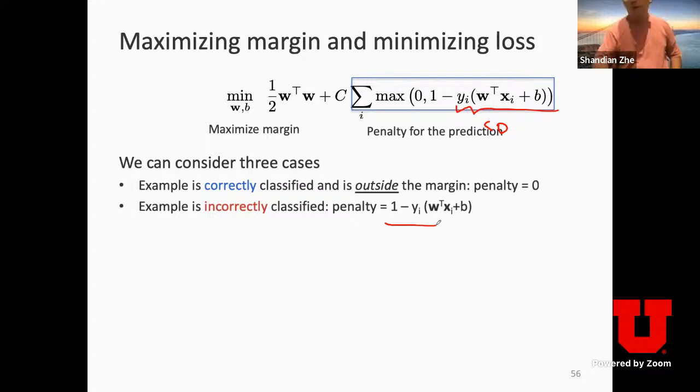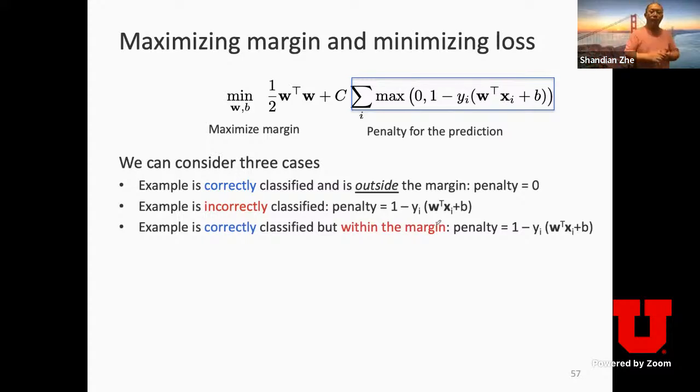Okay, so the third case: this example xi, yi can be correctly classified, but the example is too close to the margin. That basically means this product is non-negative, but less than 1.